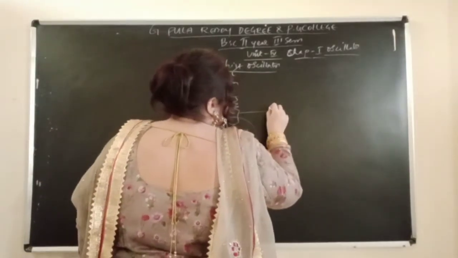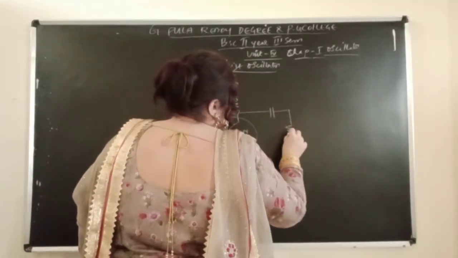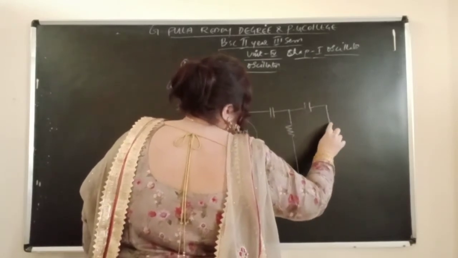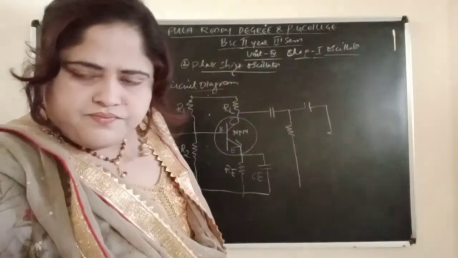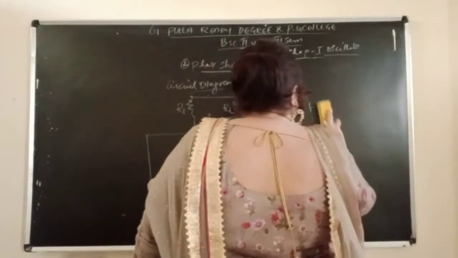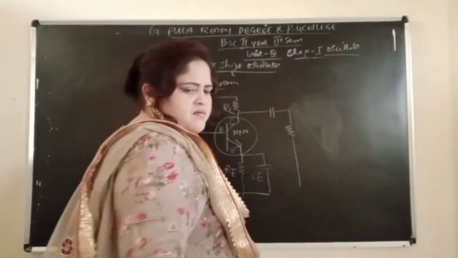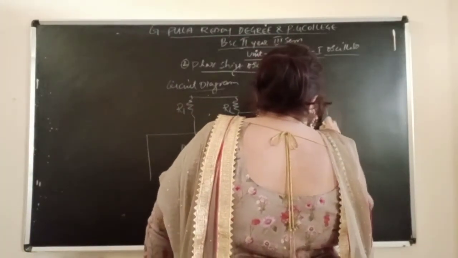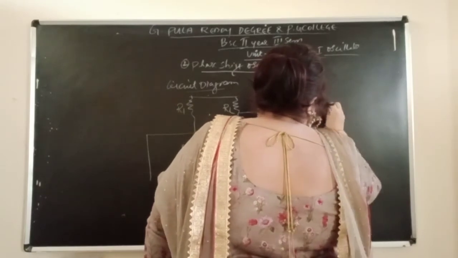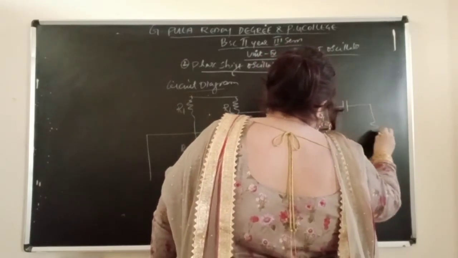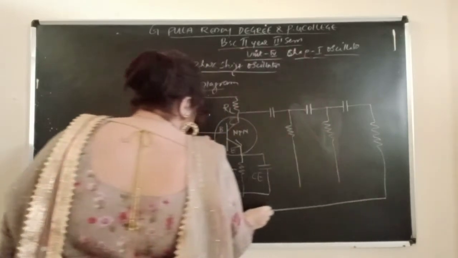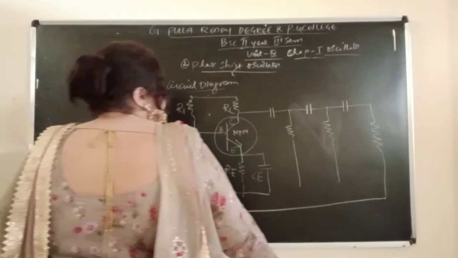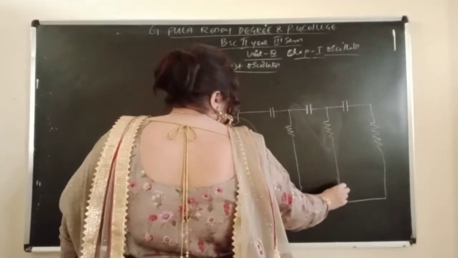Then we draw the feedback network: C and R, then C and R, then C and R. This should come here and join to the input, and this should join here.